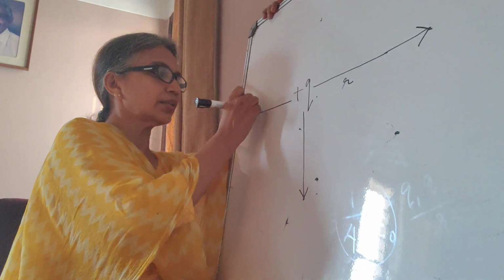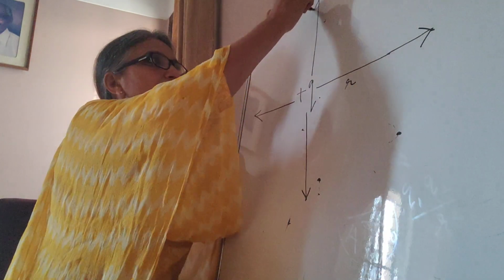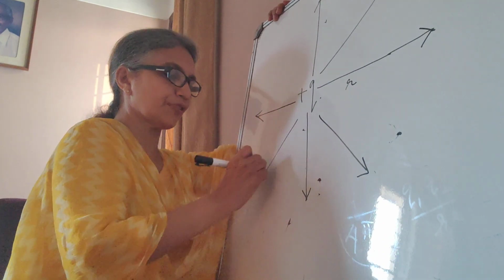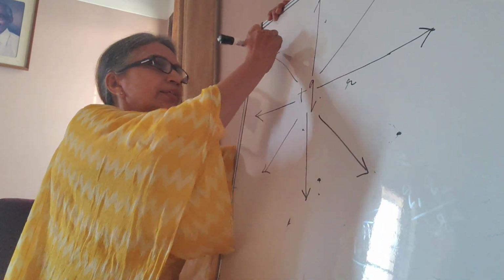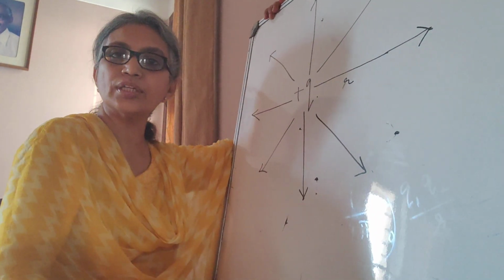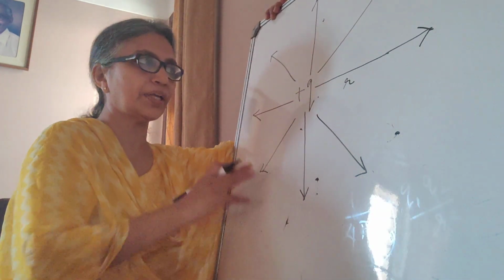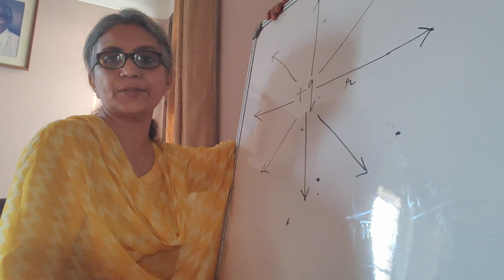So you will see that this source charge is going to repel that 1 Coulomb radially away from it, and the lines that I've drawn here actually represent the direction in which this plus 1 Coulomb placed around the source charge will experience a force.